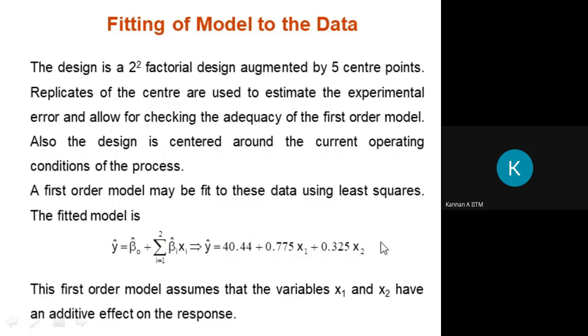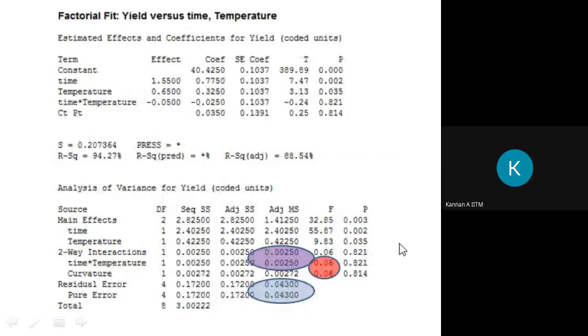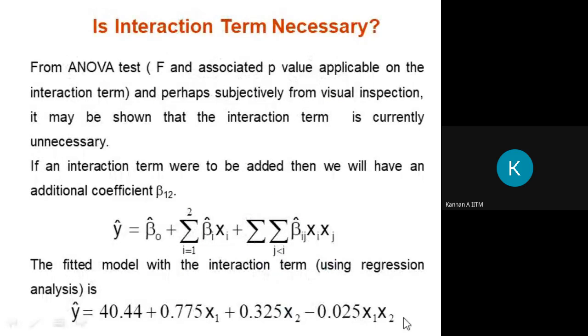But when I am adding one more term to the model, 0.025 x1, x2, again you are getting the same intercept, 40.44, 0.775, 0.325. When you add more model terms, I would have expected these values to change. What is the significance of 40.44? 40.44 is the average value of the response.